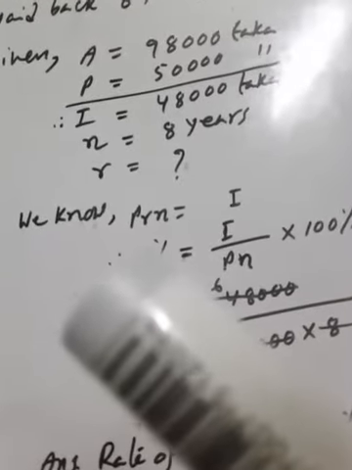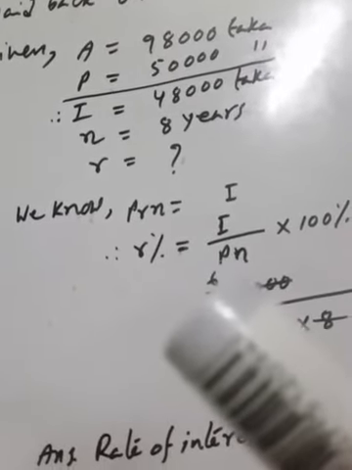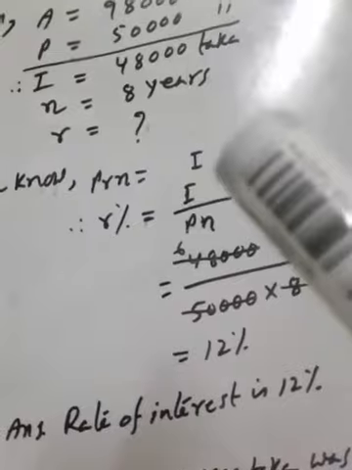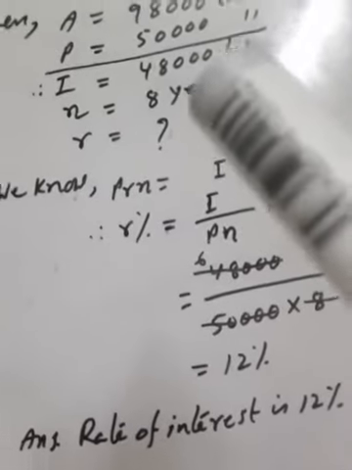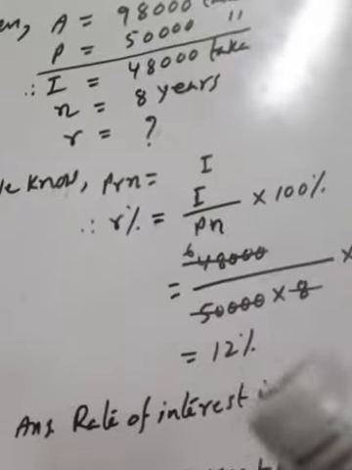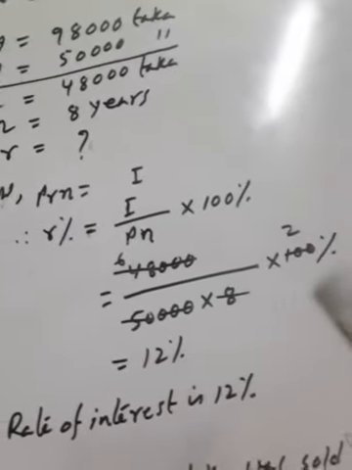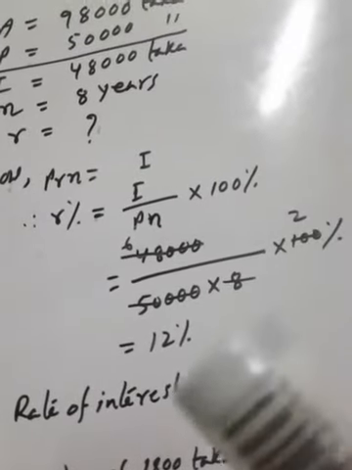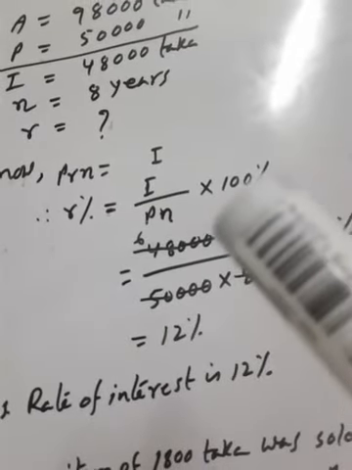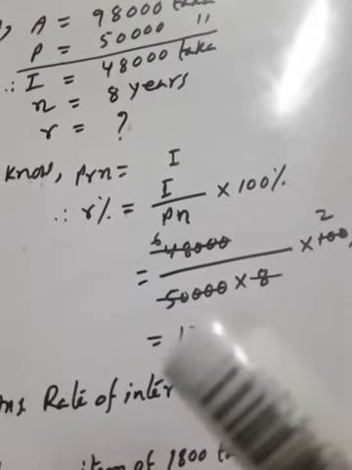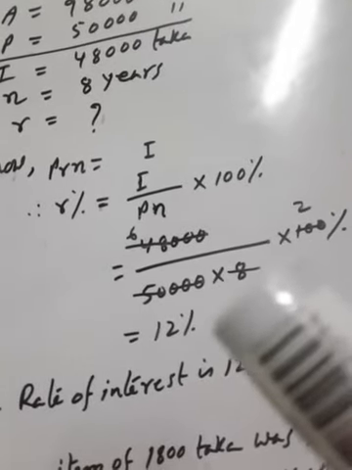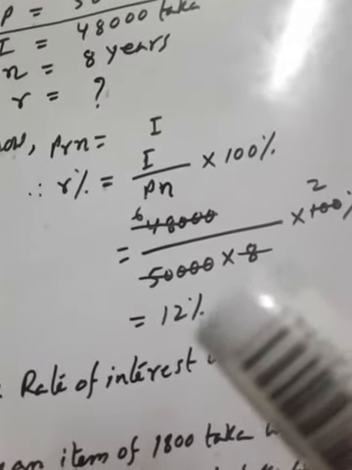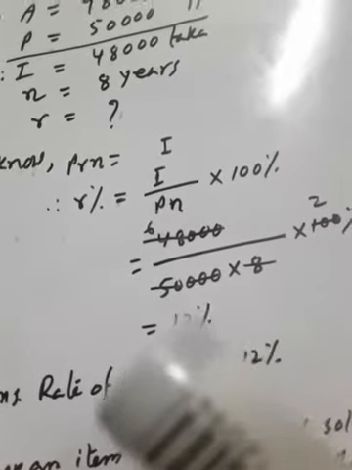We know R equal to I by PN. And here is percentage, so we have to multiply by 100%. I equal to 48,000 and P equal to 50,000, N equal to 8, and 100%. 48,000 divided by 8, 6. First, this 0 cut.